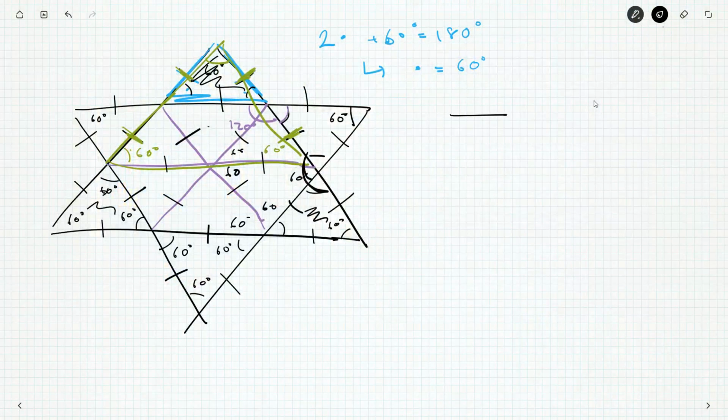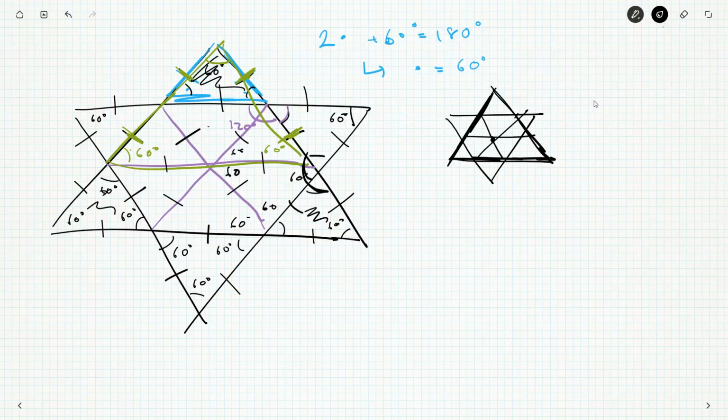So just to draw the picture again a little simpler, the shaded area is made up of 1, 2, 3, 4, 5, 6, 7, 8, 9 triangles.